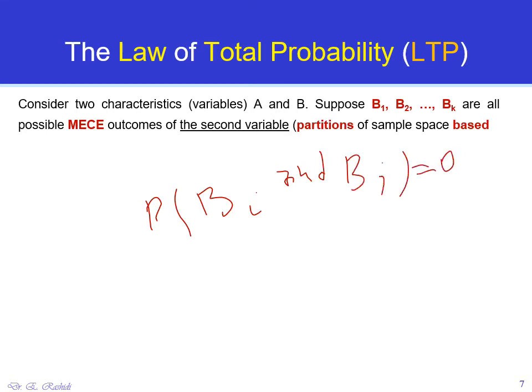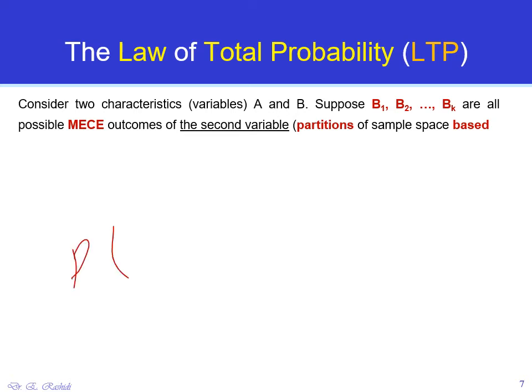That means that none of these B1, B2 to Bk can happen at the same time. On the other hand, the probability that at least one of them happens is exactly 1. So the probability of B1 or B2 or Bk happening is 1. We are sure that at least one of these is going to happen.